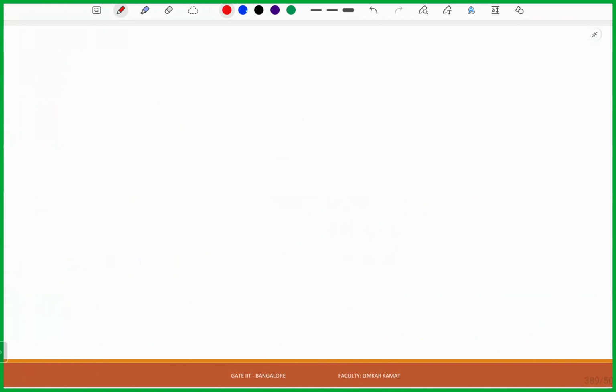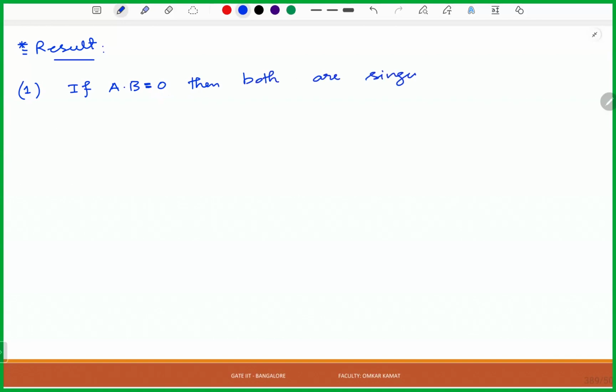So write down some results, guys. This is one result. Anyhow, in determinants again, mostly it will come. But still, first result: if A into B is equal to 0, then both are singular matrices.